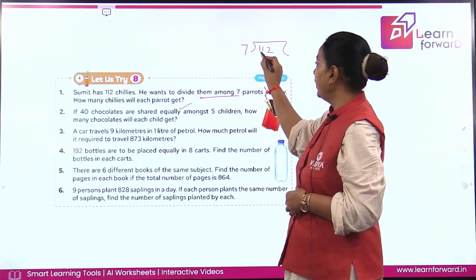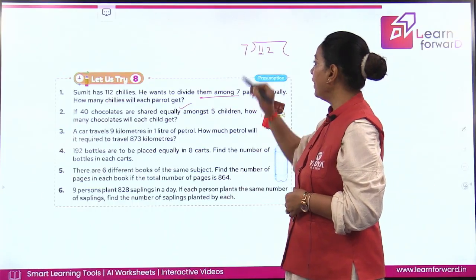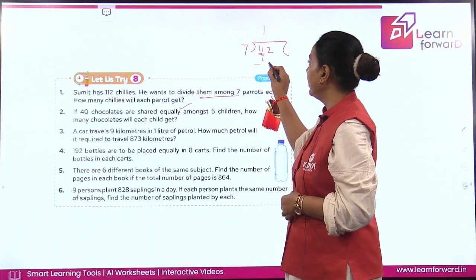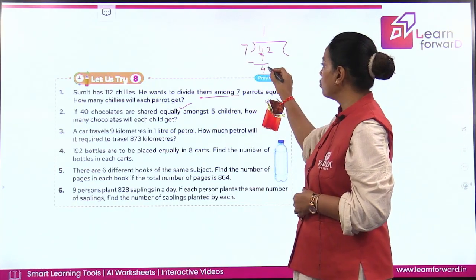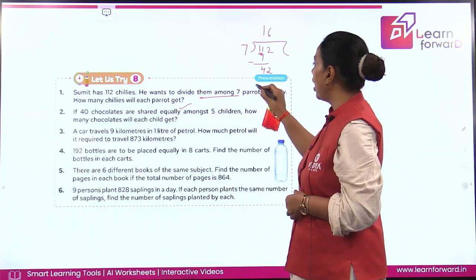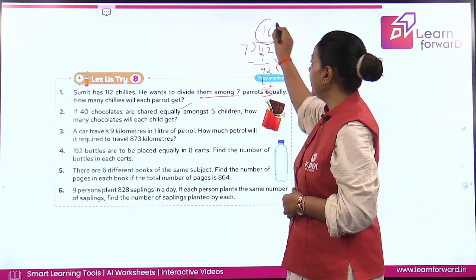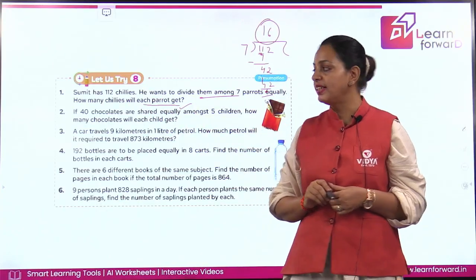So 1 is smaller than 7, तो हमें grouping करनी पड़ेगी. 11. Now 7 1s are 7. 11 minus 7 is 4. Bring down 2. 7 6s are 42. So 16. It means each parrot will get 16 chilies, right?